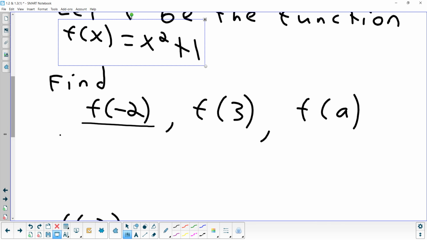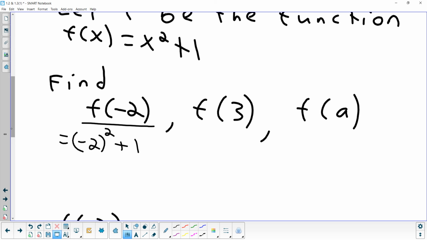F of -2 equals, I always put it in parentheses like that, squared plus 1. Okay, so Devin, what's -2 squared? So careful, you're squaring that negative with it. So it's a -2 times another -2. So 4 plus 1 gives me 5. That's how you do f of -2.